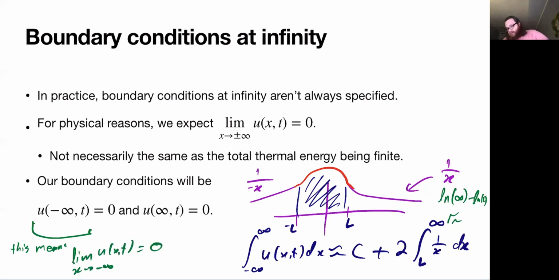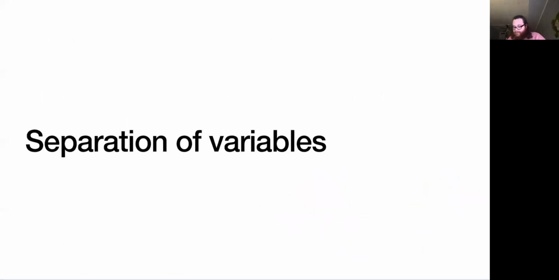But in any case, boundary conditions are u at minus infinity comma t is 0, and u at infinity comma t is 0. Cool. So now we have spatial boundary conditions. We have an initial condition in time. So now let's apply separation of variables, the same technique we've been using for almost everything. Let's apply separation of variables and start constructing solutions to the heat equation in this geometry.